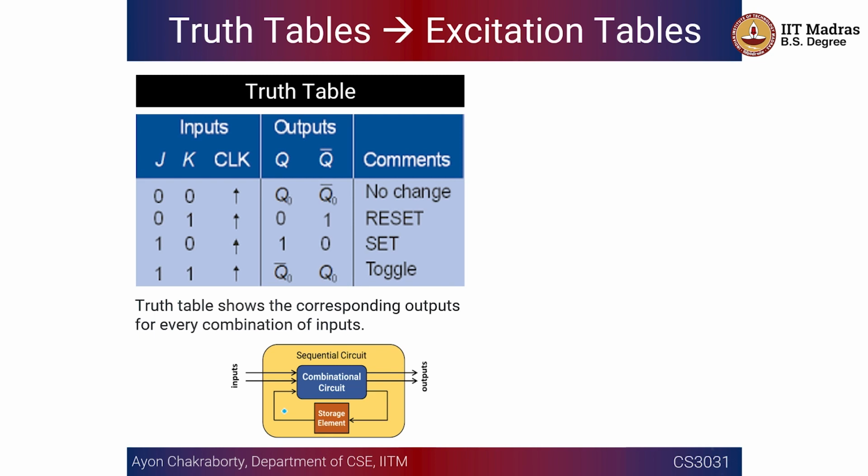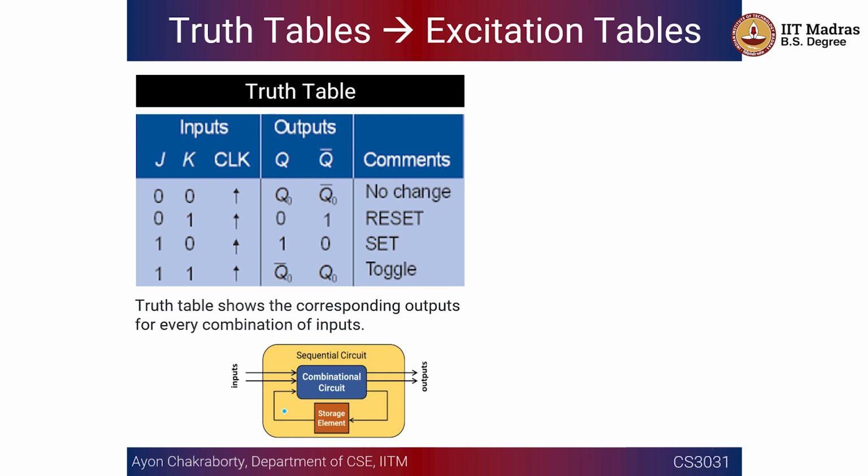So if you ask me what is the next state of the counter circuit, I can't tell you an answer. I need to know what is the current state of the counter. Or if you ask me the current state of the counter without looking at the output, I have to know what the previous state of the counter was.